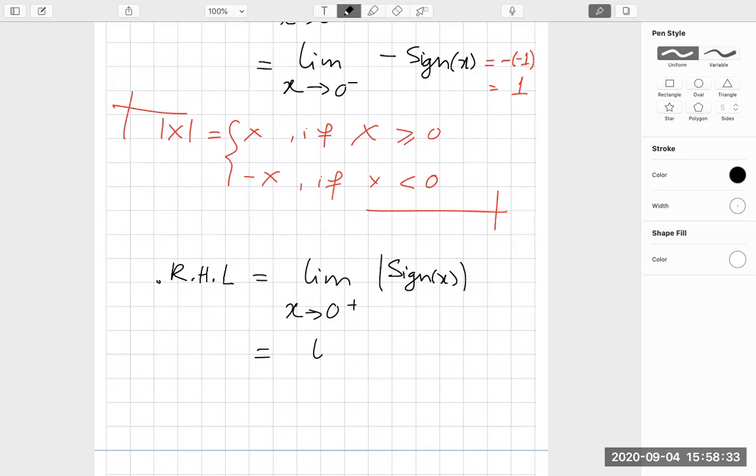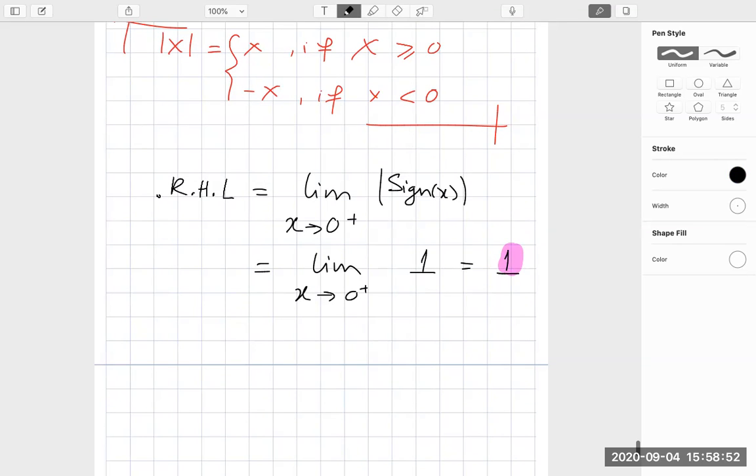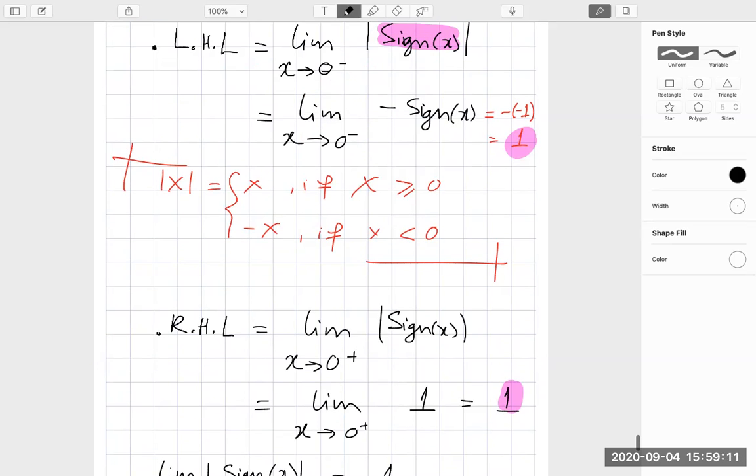Yes. Which means it is 1. So the left-hand limit is 1, the right-hand limit is 1. Therefore, the limit of the absolute value of this does exist when x approaches 0 and it is 1. A little tricky, right? Yes.